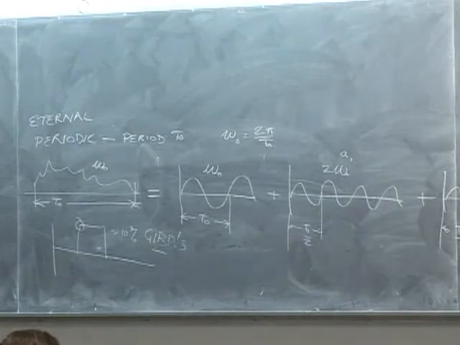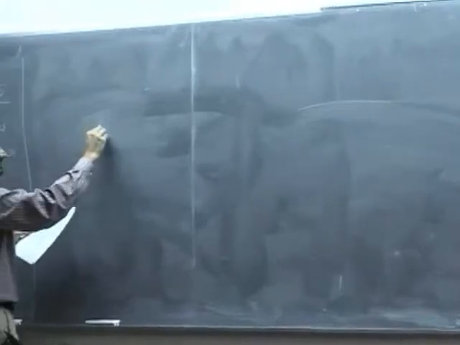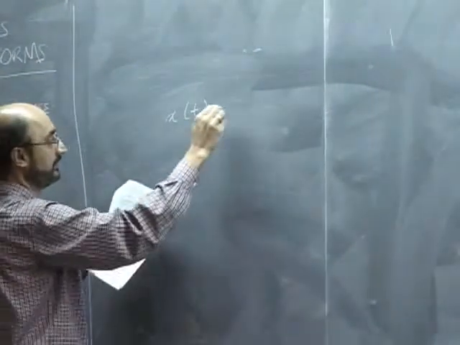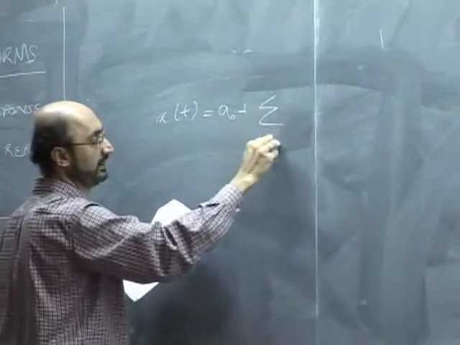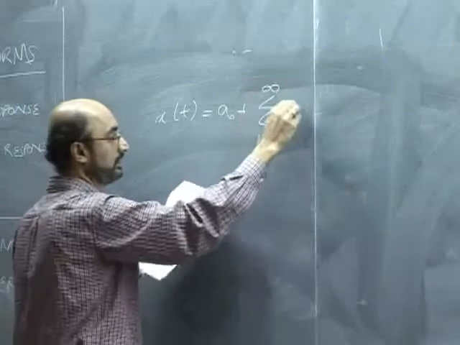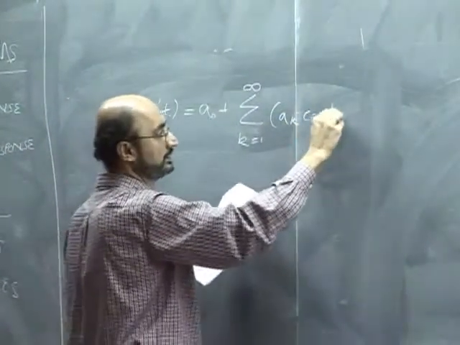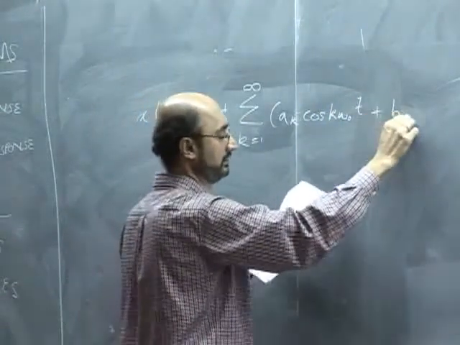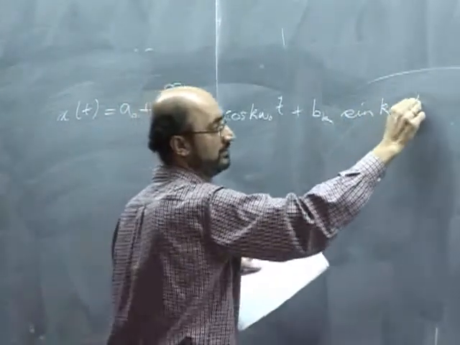The first one, which is what Fourier wrote down, is something like this. If x(t) is the function over there, then x(t) is a0 plus the sum over k equals 1 to infinity of ak cos(k omega naught t) plus bk sin(k omega naught t).